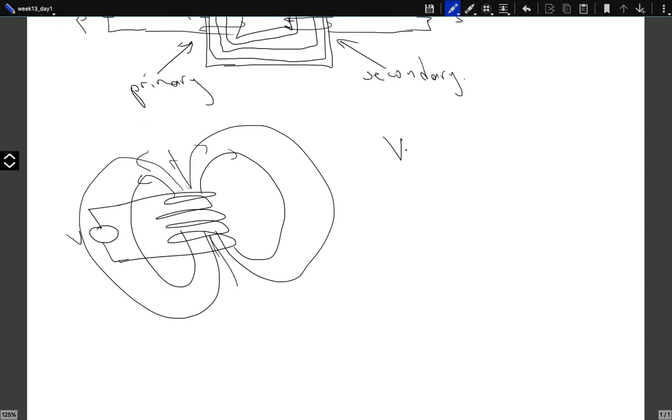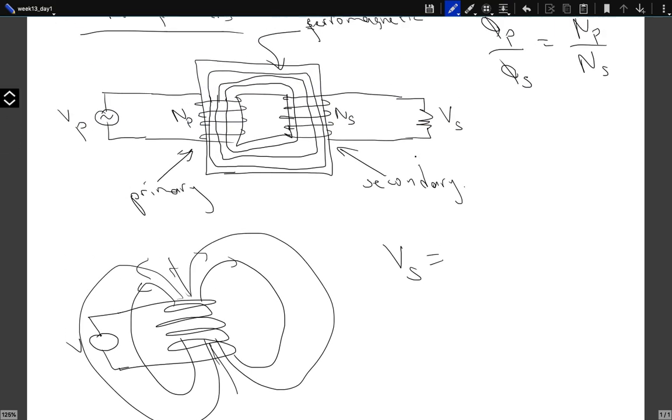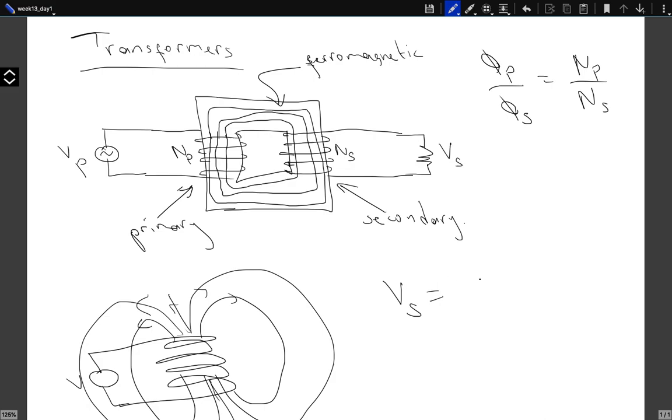So if you look at how much potential is created in the secondary coil, well, this is by Faraday's law. This should be equal to minus d phi_s by dt, the rate of change of the flux passing through the secondary coil. Well, but this is nothing but Ns phi_p over Np.